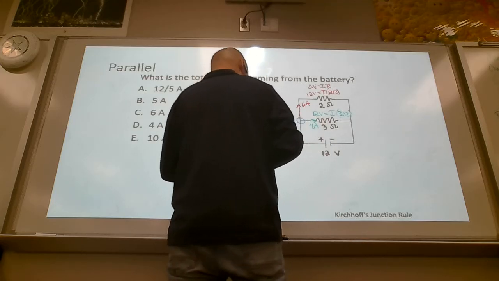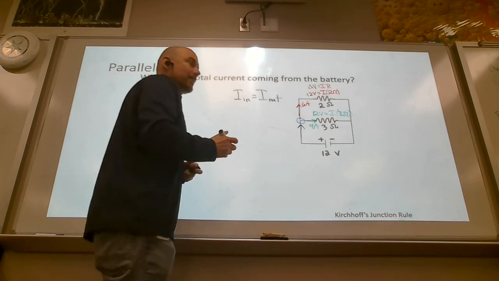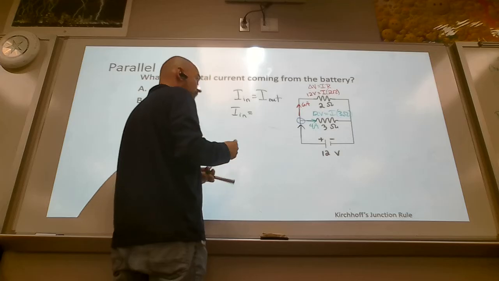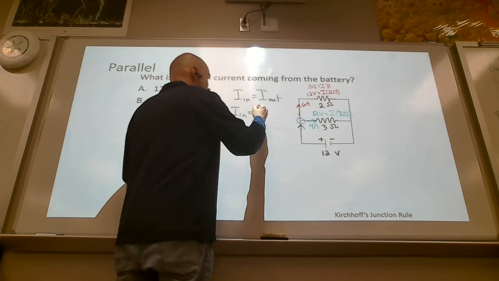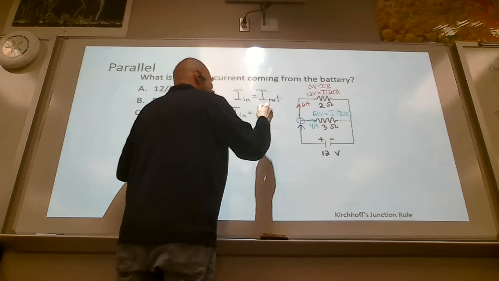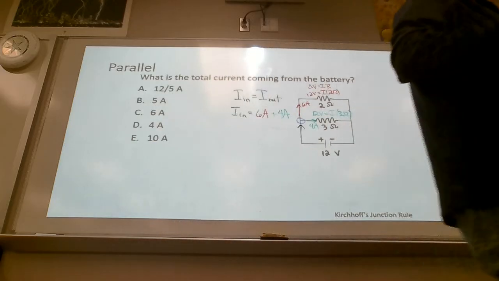So the current going into this junction must be the sum of what goes out. Correct answer is E, 10 amps.